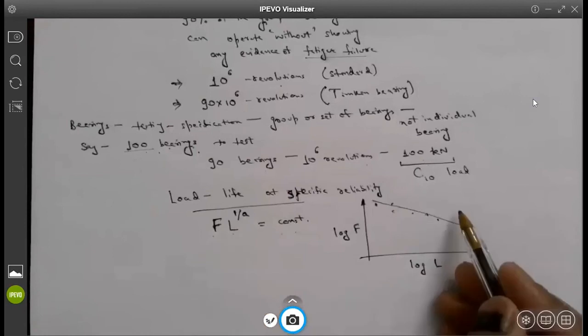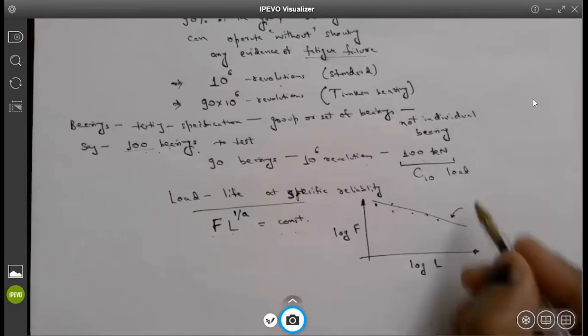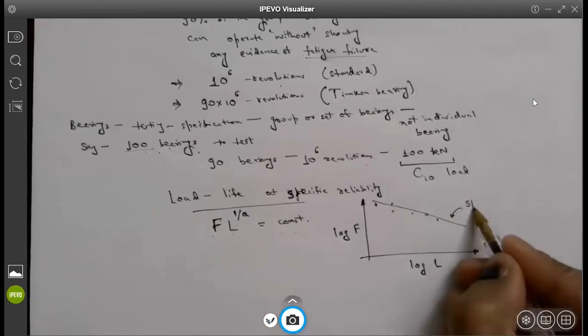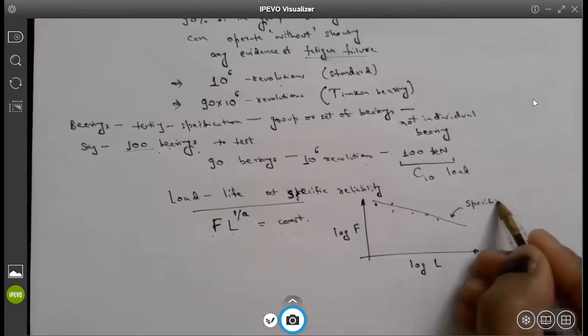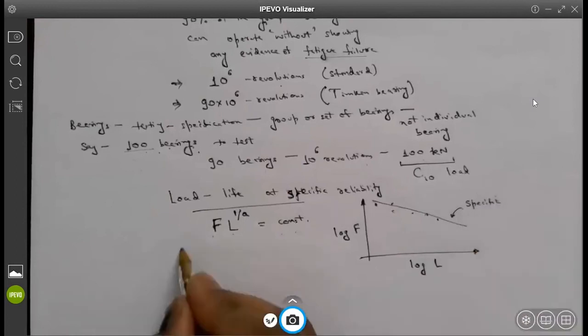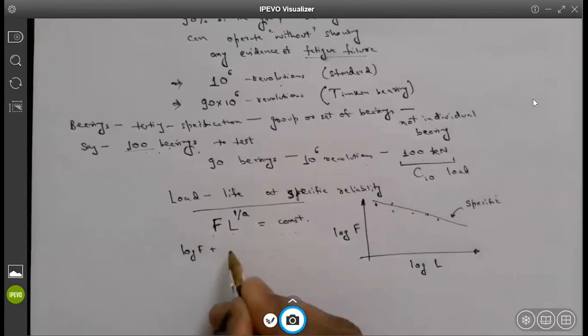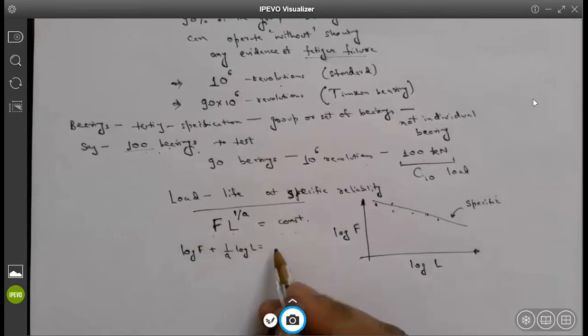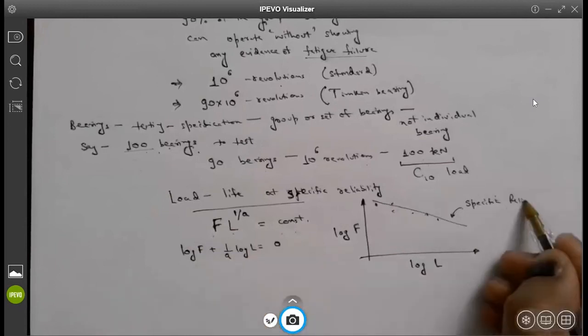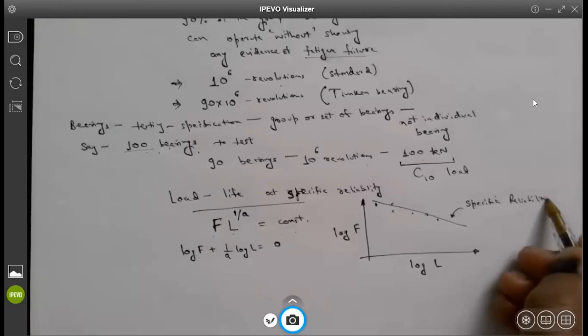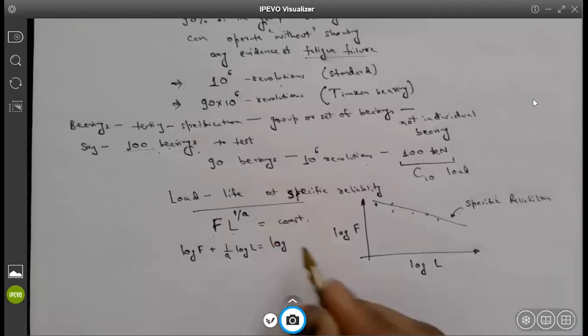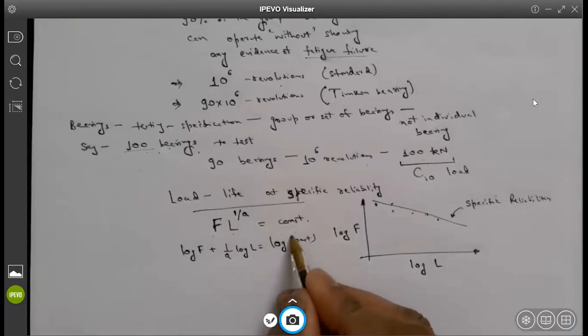So for a specific reliability, the log of the constant is another constant.